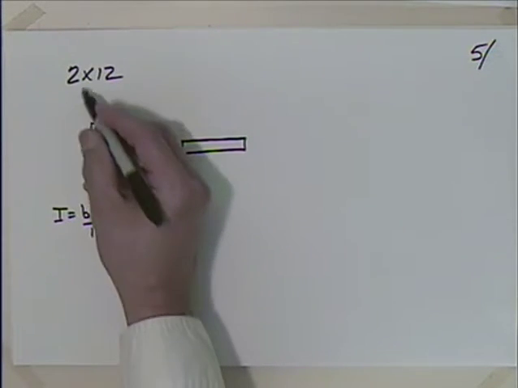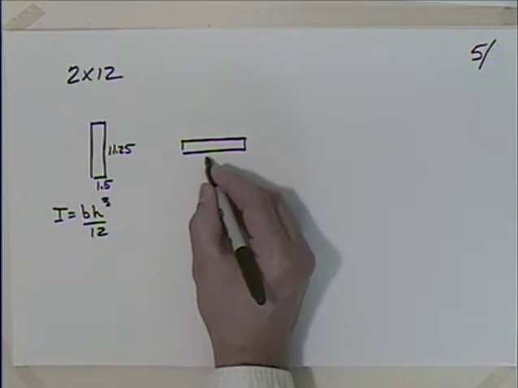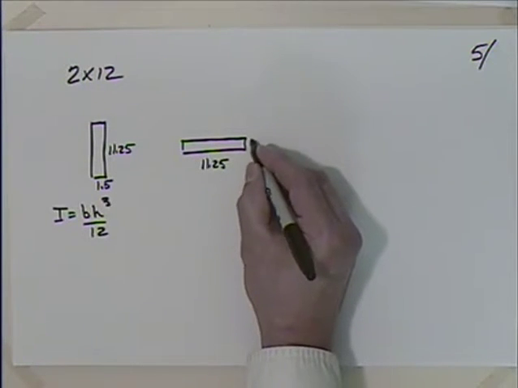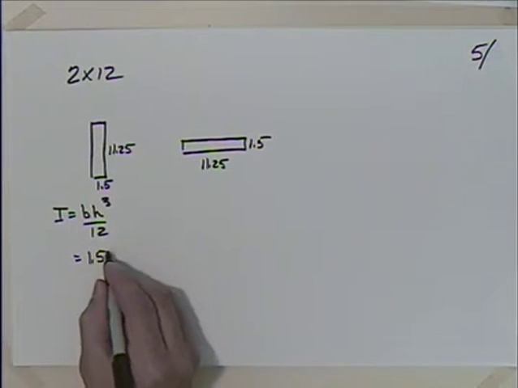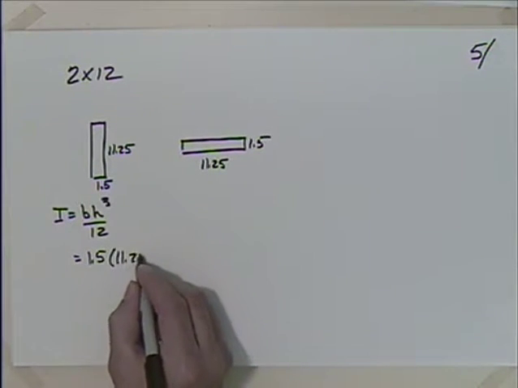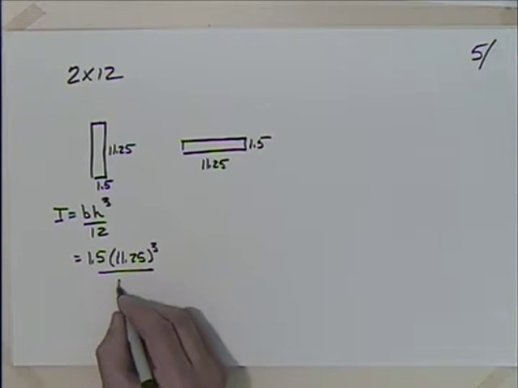For a 2x12, it's 1.5 inches by 11 1/4. And now over here I have a base that's 11 1/4 and a height that is 1.5, right? So I'm going to say that I have base 1.5 times 11.25 cubed divided by 12.